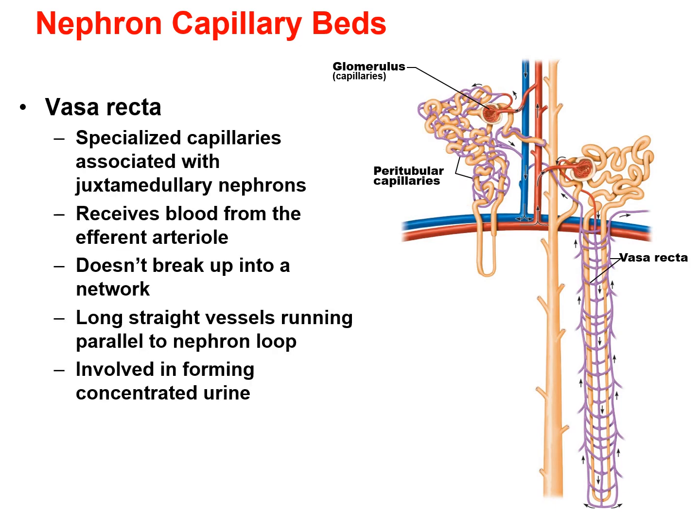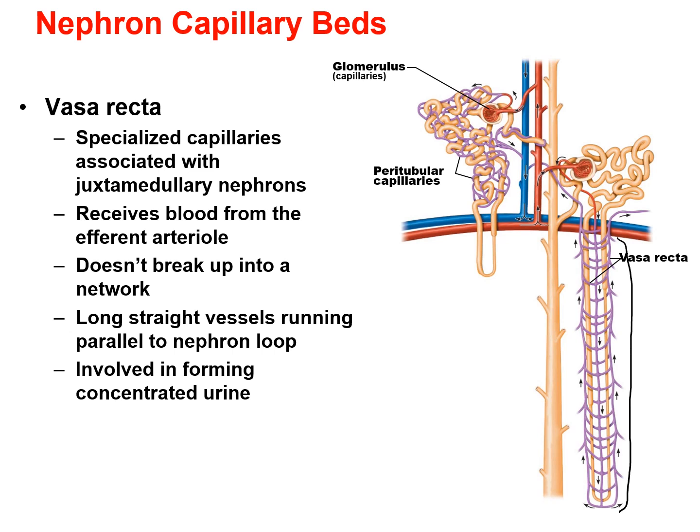If we look at your juxtamedullary nephrons, the ones with the really long nephron loops that dive into your medulla, you are going to see that they are associated with specialized capillary beds called the vasa recta. So the vasa recta is going to be specialized. It is found in juxtamedullary nephrons, and it is this kind of long, open webbing surrounding your nephron loops in your juxtamedullary nephrons.